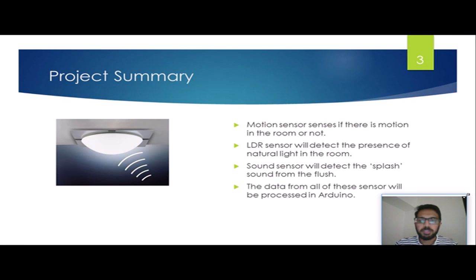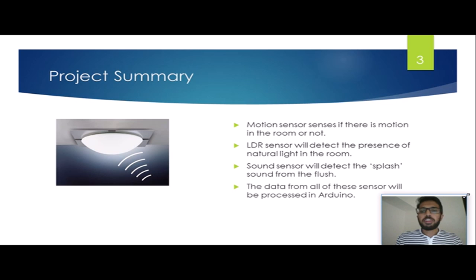As the problems have already been discussed in the previous slides, to tackle those problems we are going to use a combination of three sensors: a motion sensor, an LDR sensor, and a sound sensor. The motion sensor will detect motion when someone enters the room, and it will turn on the light when there's no natural light already present. The purpose of the LDR sensor is to detect the presence of natural light in the room.